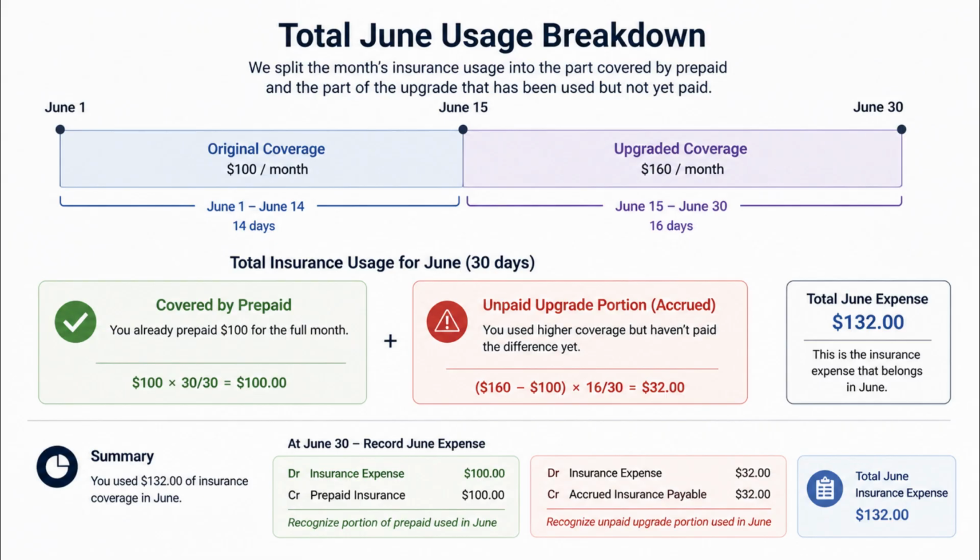Now you prorate it, which is half a month or approximately $30. Step three, what hasn't been paid? That $30 difference has been used in June, but won't be paid until July. That is the definition of an accrued expense.